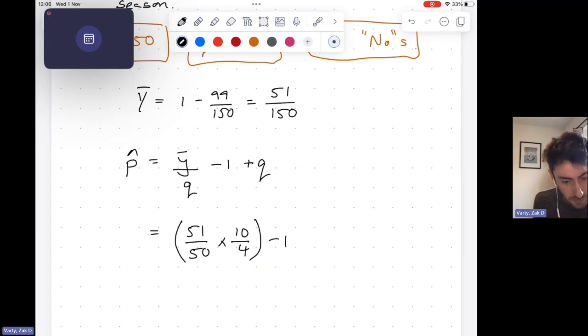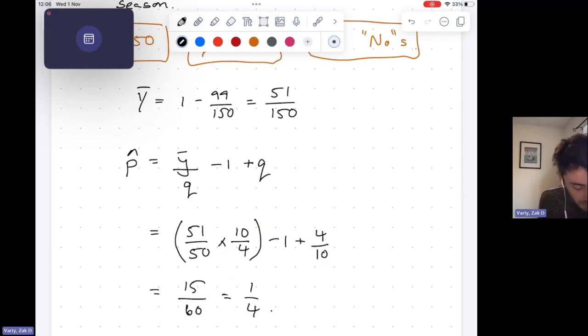Going to take one off and add on 4/10. And if we work through that algebra, what this works out to be is 15 over 60, or a quarter. About 25% of students we think are taking study drugs within the population based on this sample.